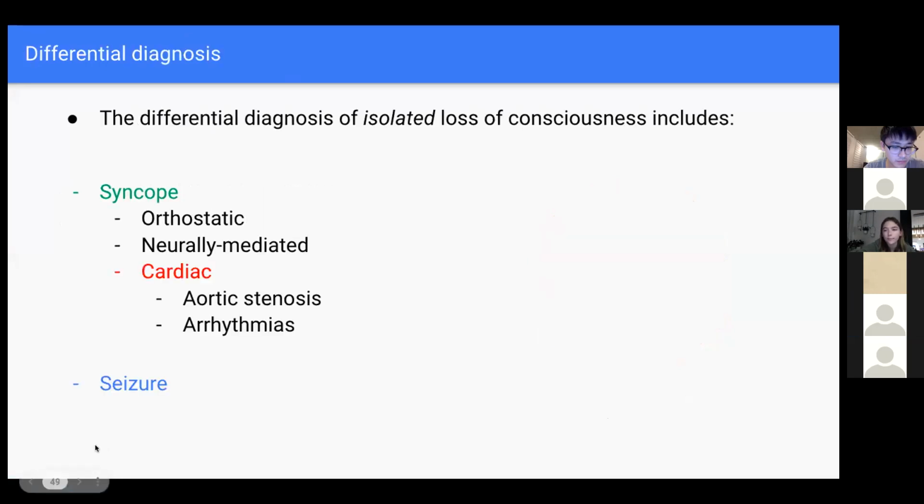And so as you saw in class, how we kind of think about the differential diagnosis of isolated loss of consciousness, it includes either syncope, so that could be orthostatic, so when standing up too quickly, neurally mediated, or it could also be cardiac, so caused by things like aortic stenosis or arrhythmias, or lastly, it could be caused by a seizure.